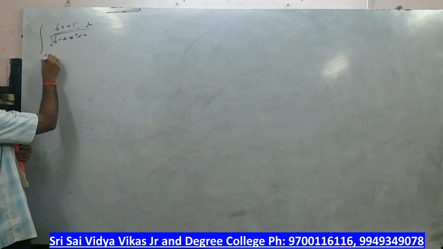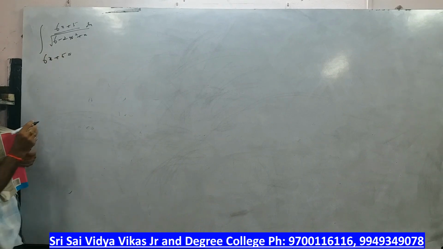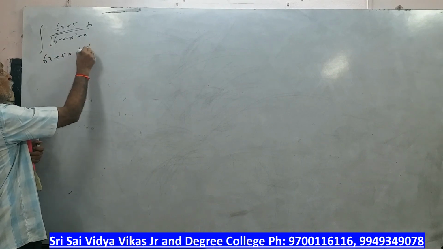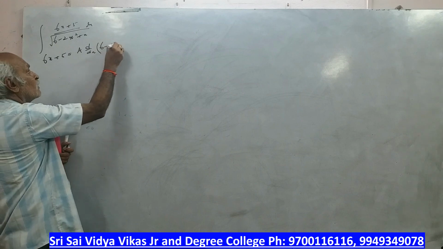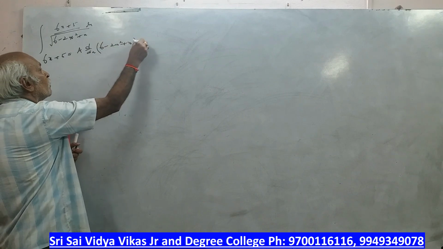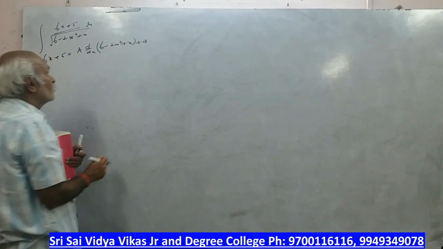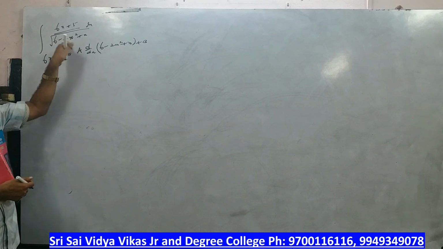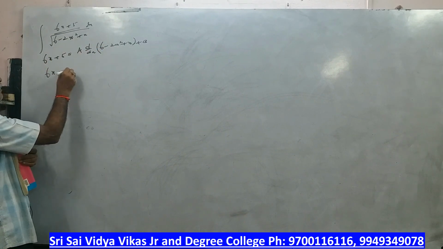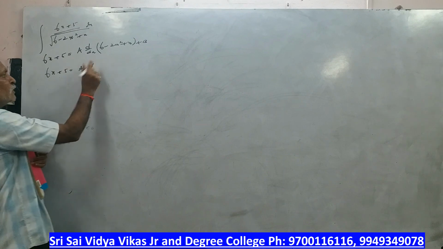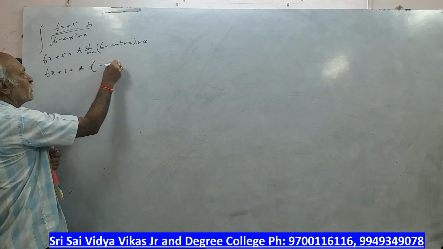Okay, one more. Again, 6x plus 5 is equal to a into d by dx of, forget about roots, sir, don't consider the root, take as this, plus b. So don't consider the root, only consider the function which is there. So a into the derivative is what, sir? Minus 4x plus 1.